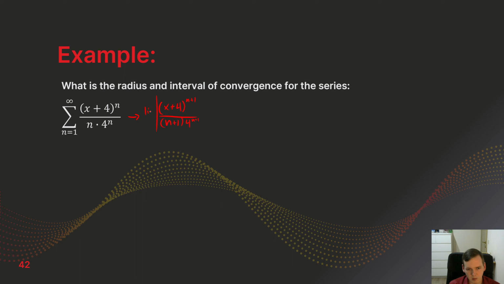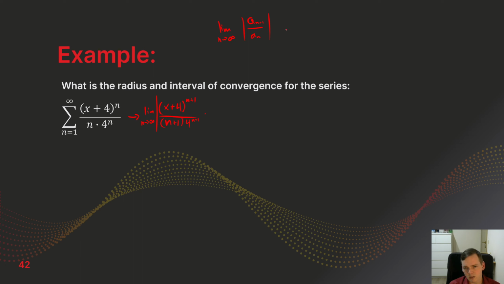Absolute value, limit as n approaches infinity, times, and then we're going to flip this to get the reciprocal, because technically, remember, the ratio test is the limit as n approaches infinity of a n plus 1 over a n.